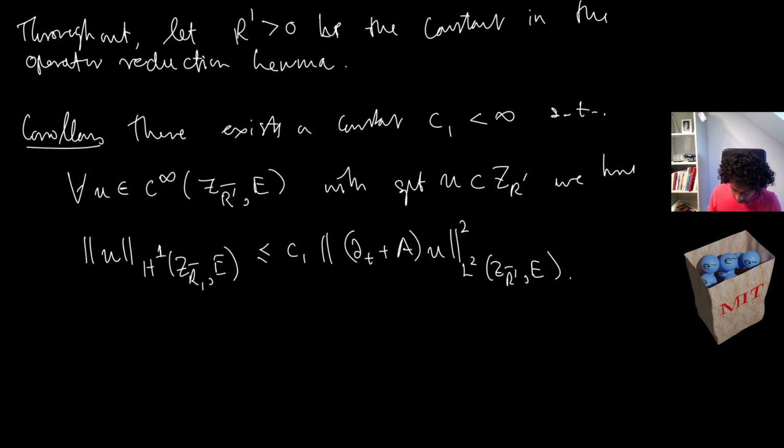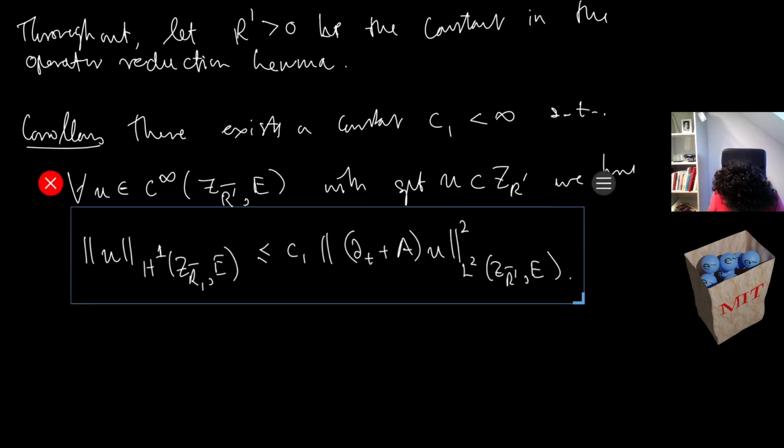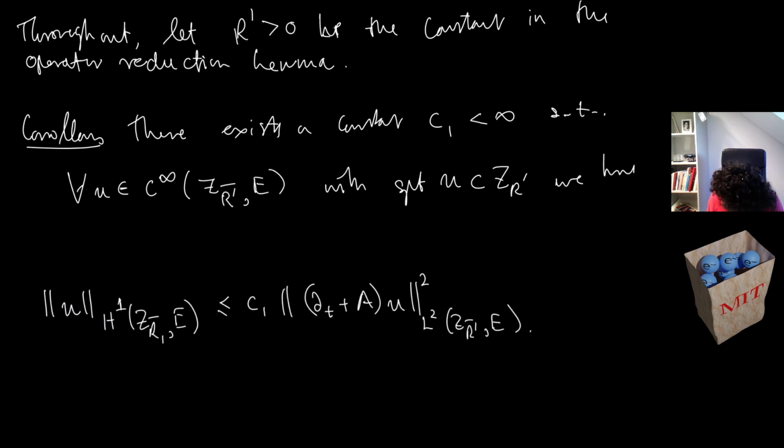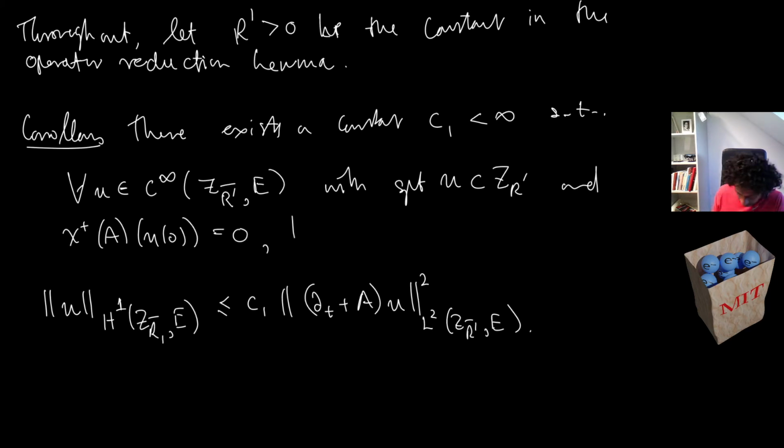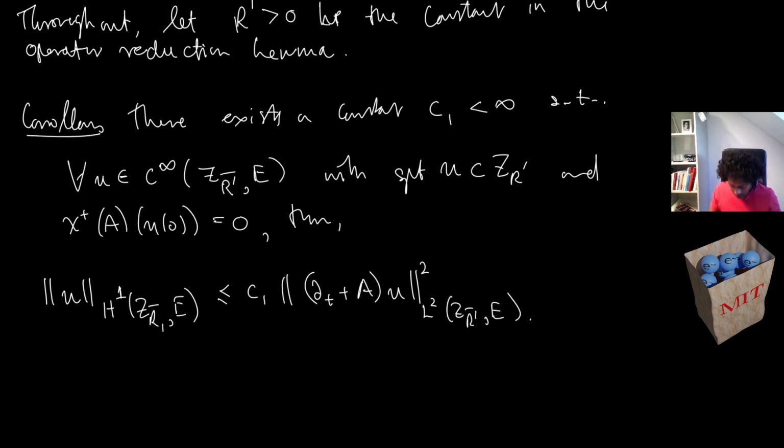Chi plus A. Aha, sorry, you're right. Yes, sorry, there's a condition missing. This is of course not true in general, otherwise we would always have that the maximal domain of the operator is contained in H1. So we suppose U with chi plus of A of U at 0 is 0, then this holds.